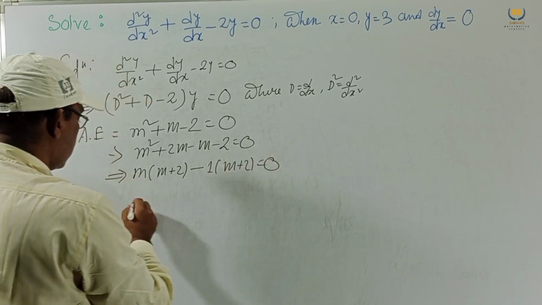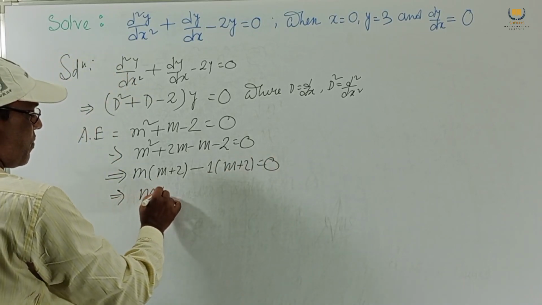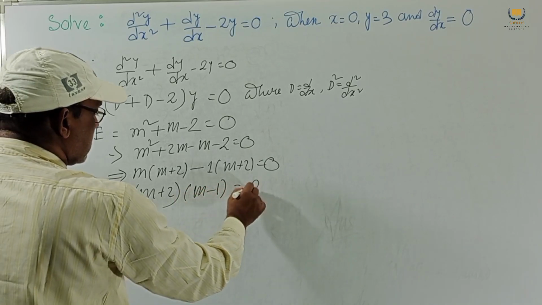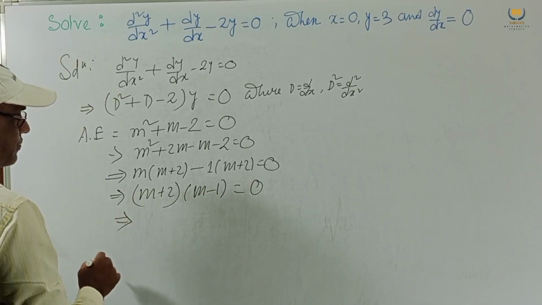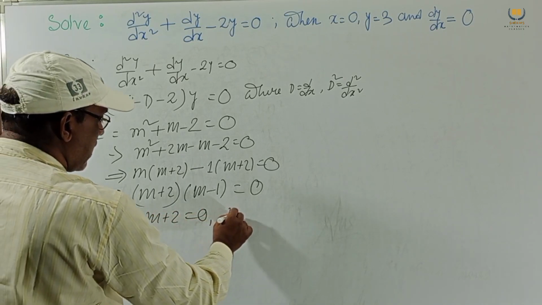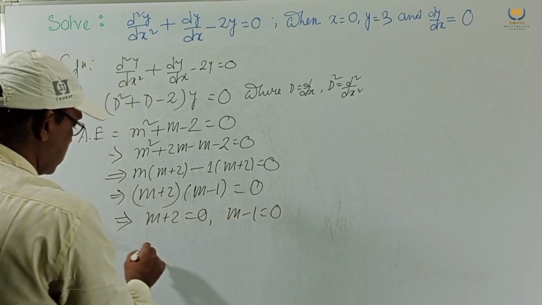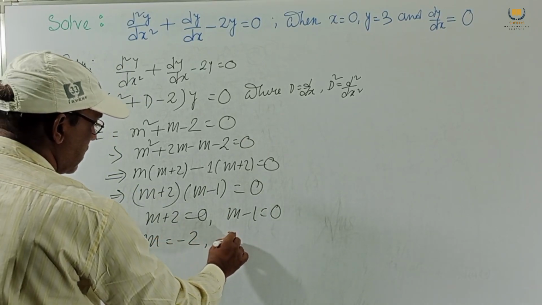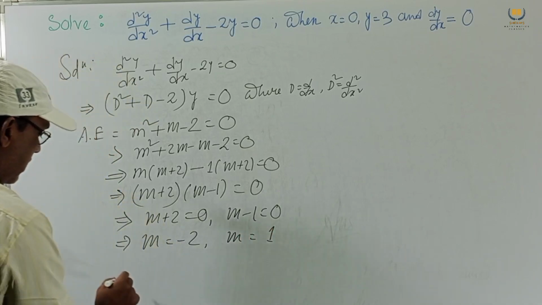So m plus 2 into m minus 1 equal to 0. m plus 2 equal to 0, m minus 1 equal to 0, so m equal to minus 2, m equal to 1.